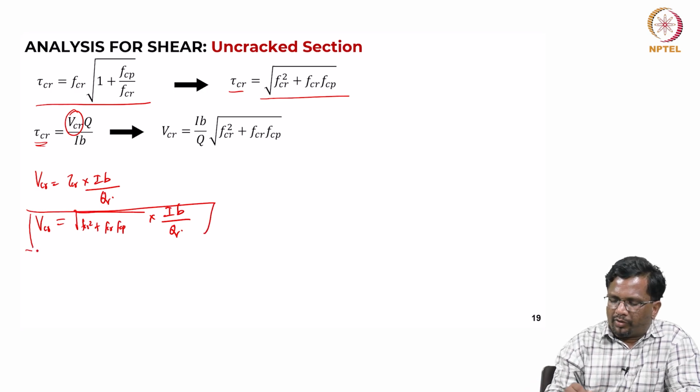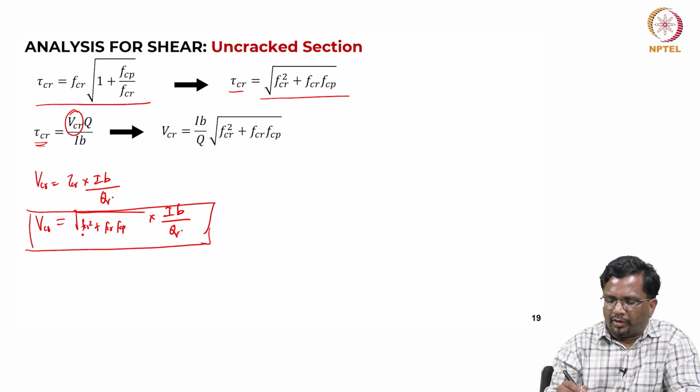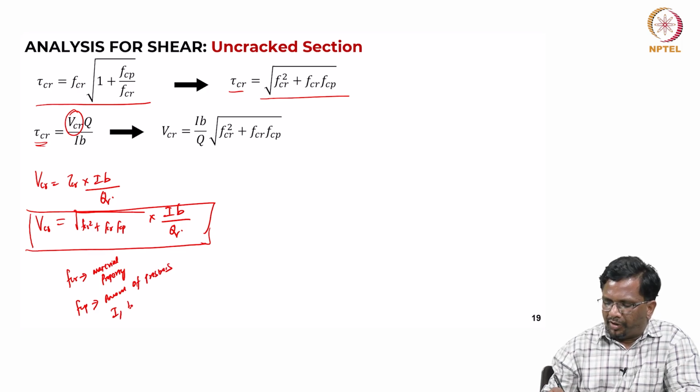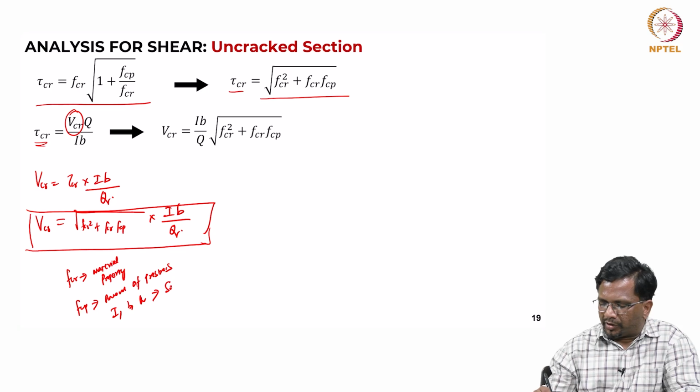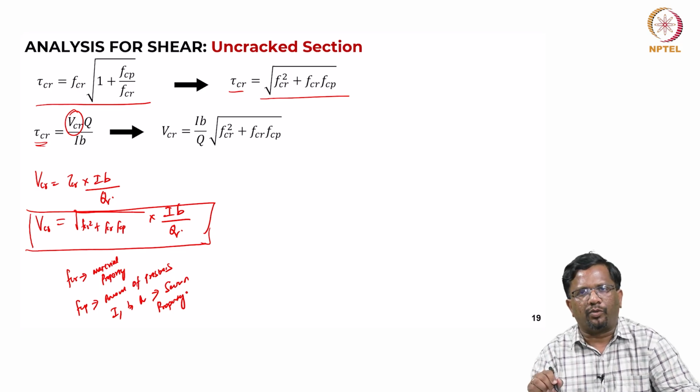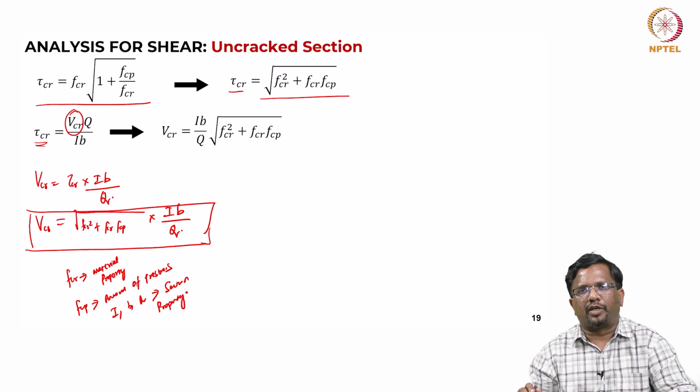Now, if I know the cross section that I am dealing with, FCR is a material property, and FCP is the amount of pre-stress. So, it is given to you, right, and I, B, Q are section properties. So, all of them are given to you. So, from here I can calculate what is the diagonal shear cracking capacity.